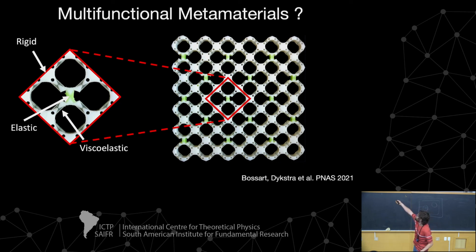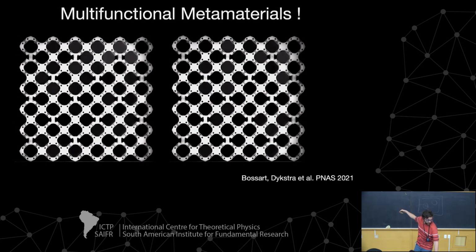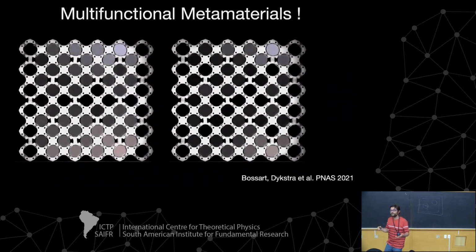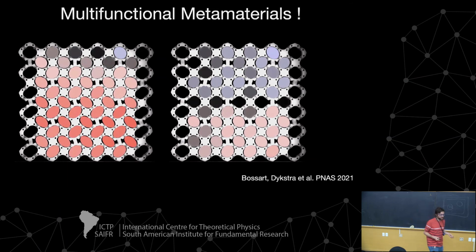By having some bonds that are very viscoelastic, so very stiff when you load them fast but very soft when you load them slow, and some that are less viscoelastic and don't depend on strain rate, you can make a material that preferentially actuates one mode or the other depending on how fast you actuate it. That's what we did here.